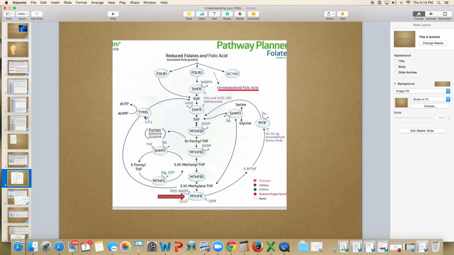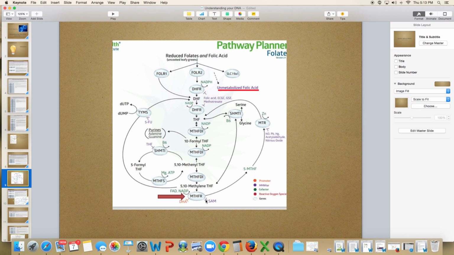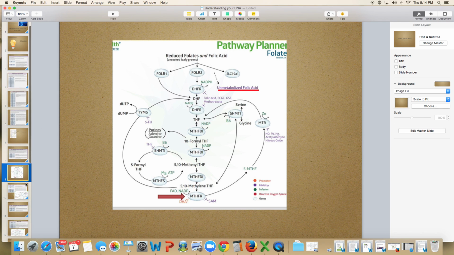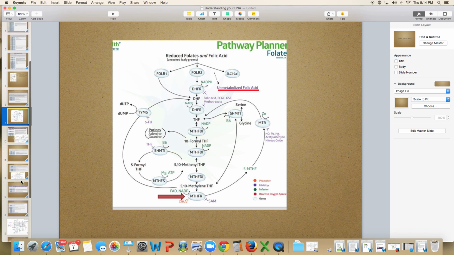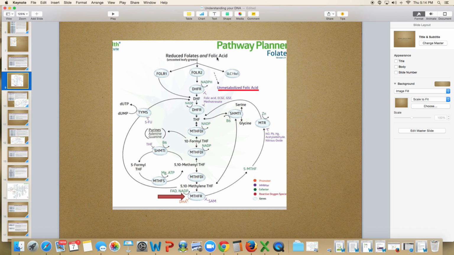Some, like this MTHFR defect, is believed to be caused because of synthetic folic acid being introduced in the 20s and 30s, and it's still in vogue today, even though there's literally hundreds, maybe thousands of research articles sharing the danger of using folic acid. Still, it's in multiple supplements. So you stay away from it like the plague, all right?